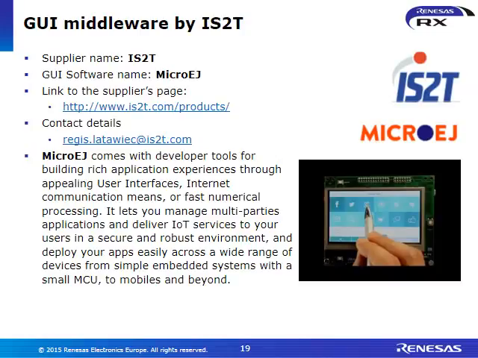Embedded Java allows you to develop software platform independent. You can actually run that kind of software on any MicroEJ-enabled device, and as part of that MicroEJ package they have a GUI software as well, which offers you a basic graphical user experience.